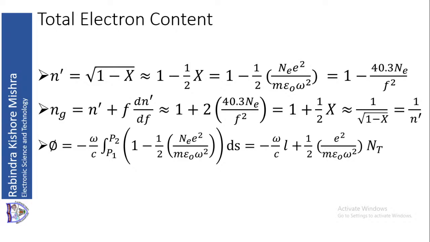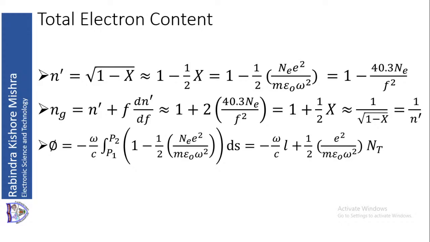So minus omega by c l plus half n e square by m epsilon 0 omega square. Now Ne is integrated over that path, that gives you the total. Ne is the density over the path, that will give the total number of electrons contained within that path, that is Nt. So phi will be this one.